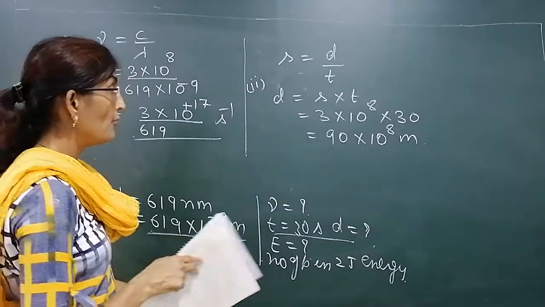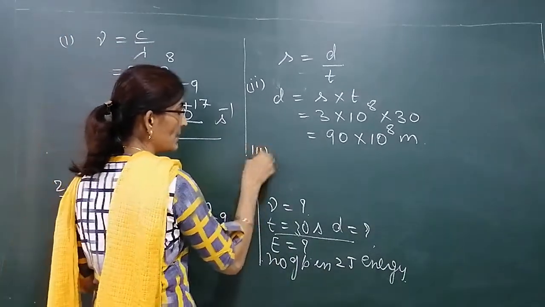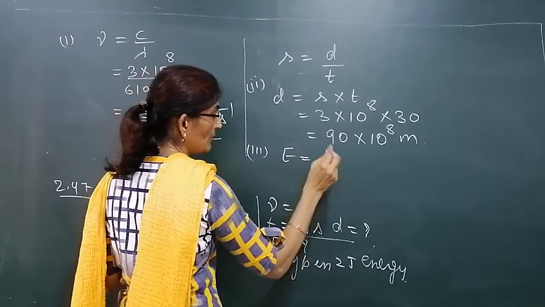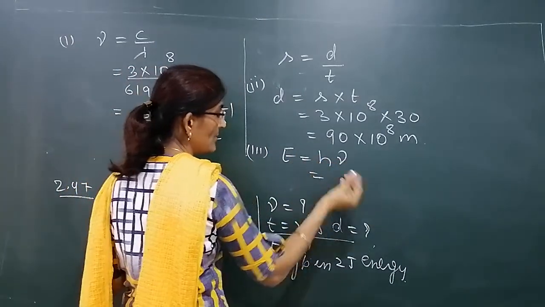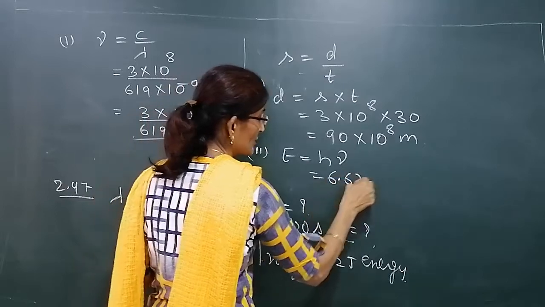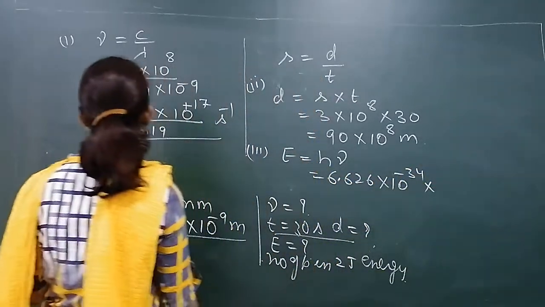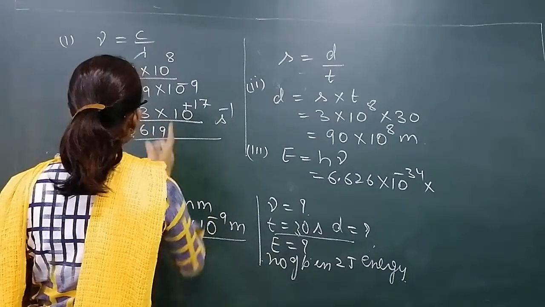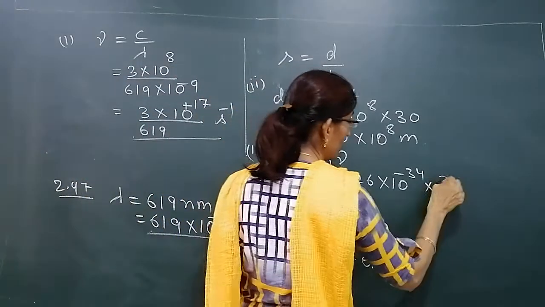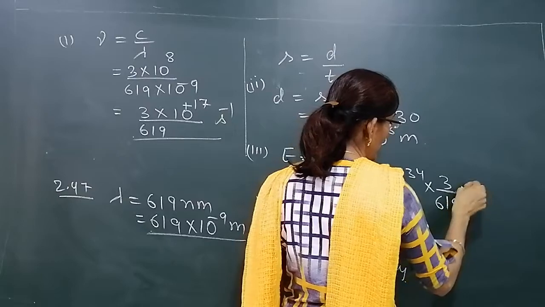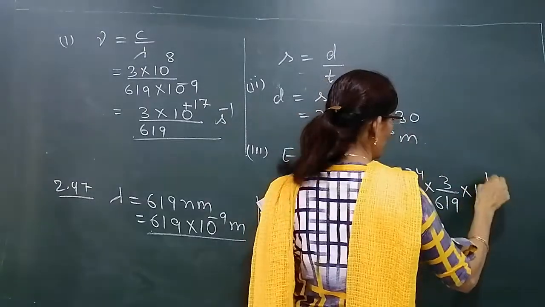Now the energy of one quantum, the third one. Quantum means photon. What is the energy of one photon? h nu or hc by lambda. h is 6.626 into 10 to power minus 34. What is nu given? Nu is 3 by 616 into 10 raised to power 17.